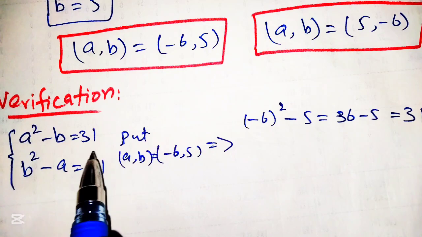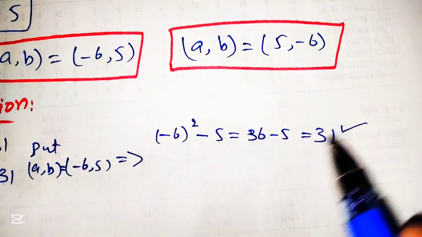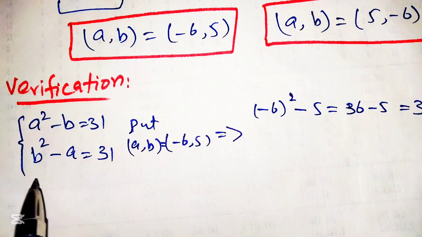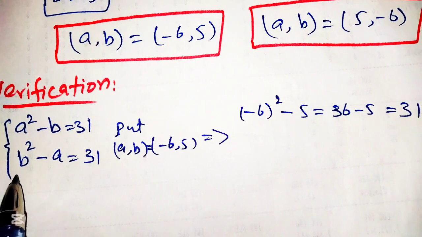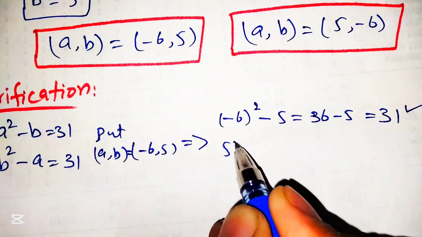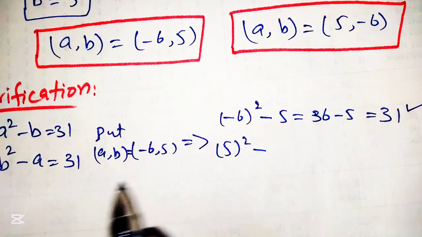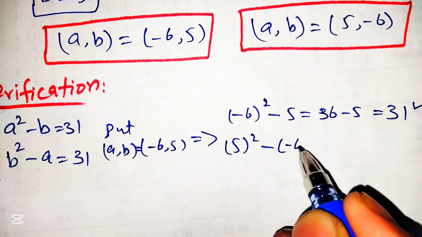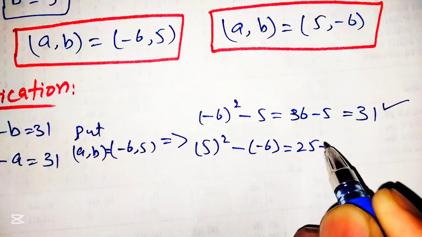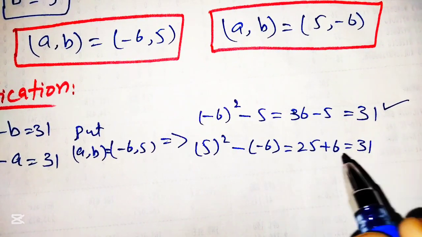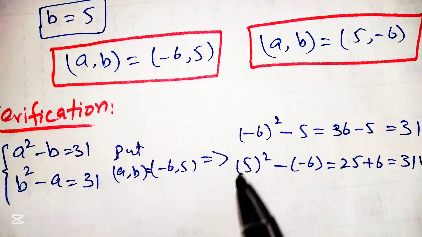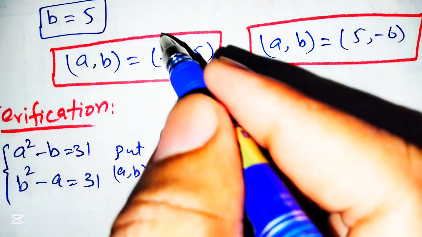So this is satisfied, and now we will put these values in this equation. So this equation becomes b² − a, that is 5² − (−6) = 25 + 6, which is equal to 31, which is again verified. So the first pair is verified.